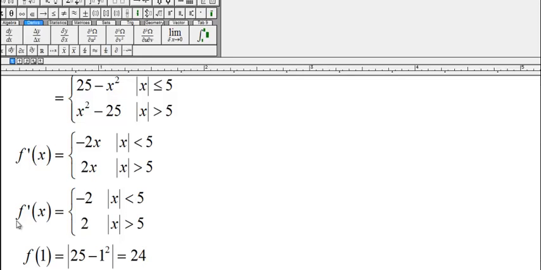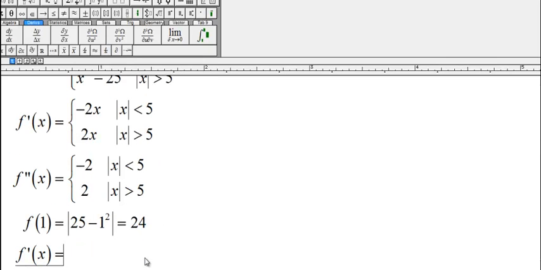And then the derivative at 1: well, let's see, 1 has an absolute value less than 5, so we use this formula and put a 1 there, and so that's negative 2.